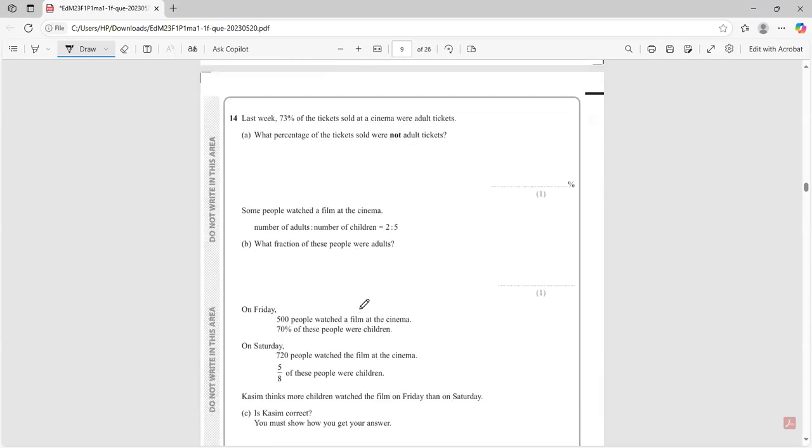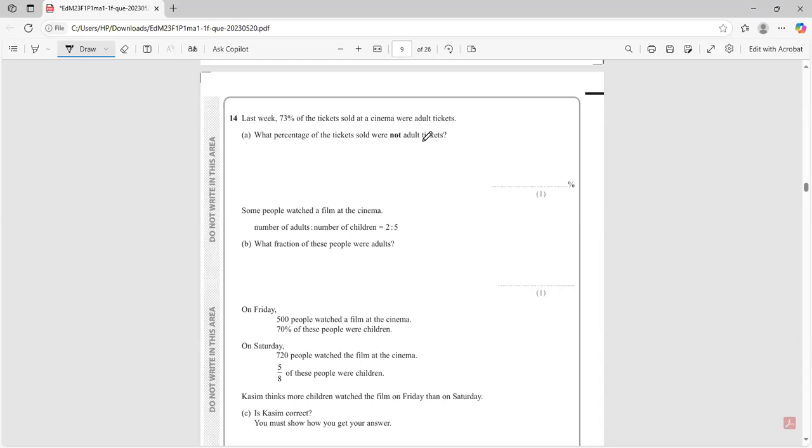Okay, so last week, 73% of the tickets sold at the cinema were adult tickets. And what does it say next? What percentage of the tickets sold were not adult tickets?